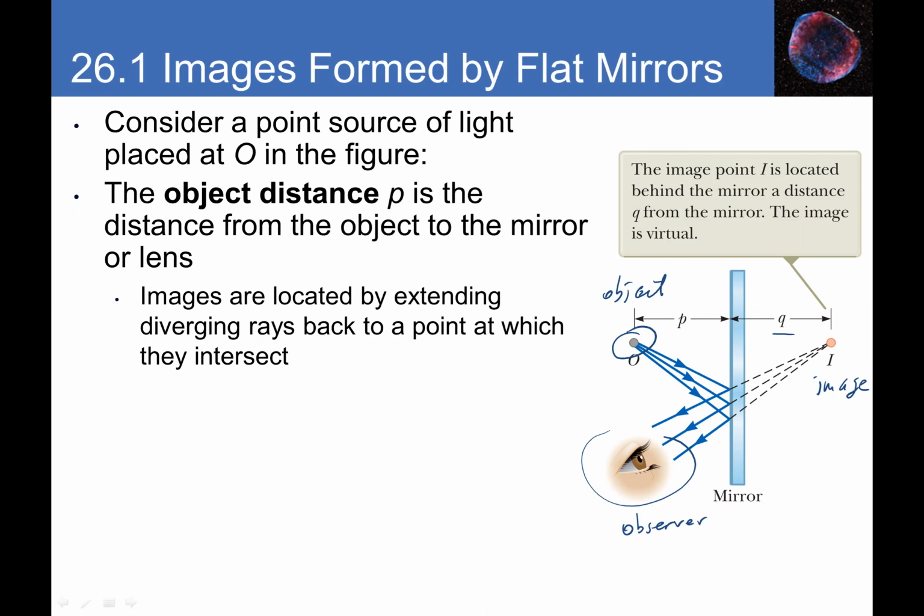We don't really need to know exactly what type of object it is, but generally in physics, we consider two types of objects. Objects that make their own light, like the lamp or the sun, right? So if you consider them as a light source, they generate their own light, and that light radiates in every direction.